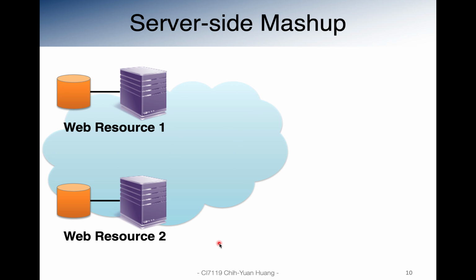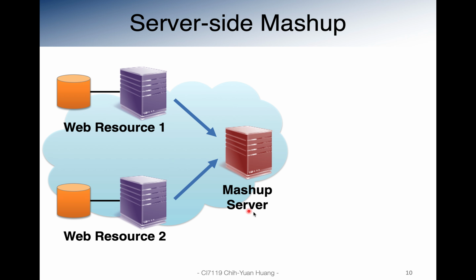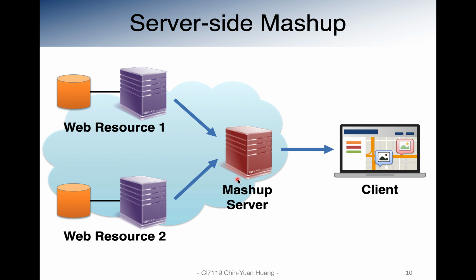This type of application architecture has a mashup server, and that mashup server will retrieve the information from different resources, and then organize or process that information and prepare new types of results, and then finally provide that information to the client side.